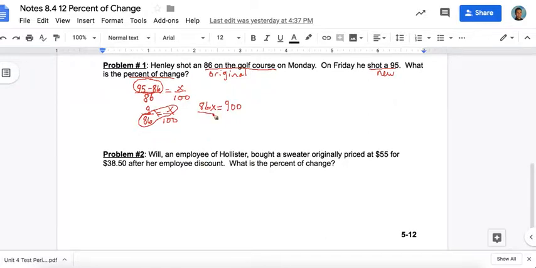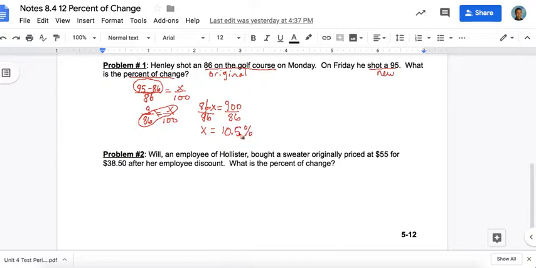And we're going to divide both sides by 86. 86 divided by 86 is a 1 in disguise. And we get 10.465. So 10.465, we're going to underline the 4, look to the right, and we see a 6. So if it's 5 or above, we're going to give it a shove to 10.5%.